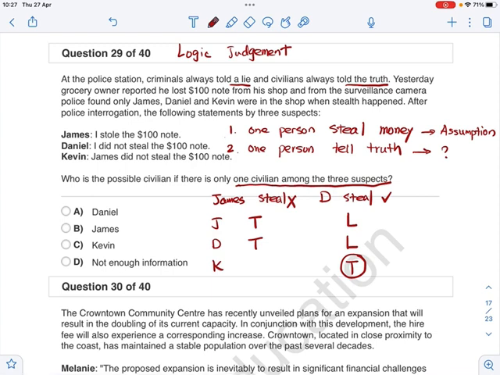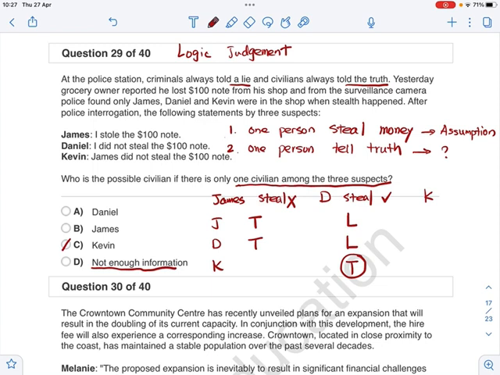Normally, when the question comes to here, some of the students already start to say, okay, I know, Kevin is the civilian because Kevin is the one telling the truth. But did you see that there is another option, D, which is not enough information? So if you still have time, I strongly suggest checking the last one as well.